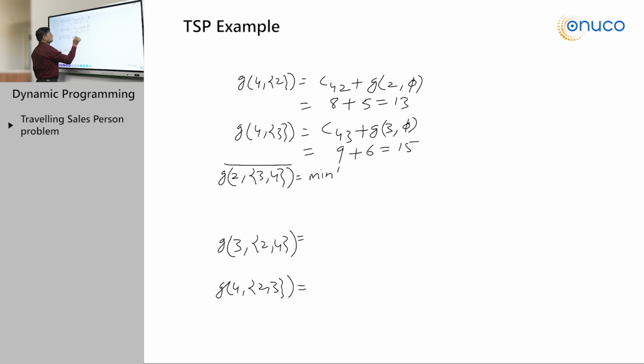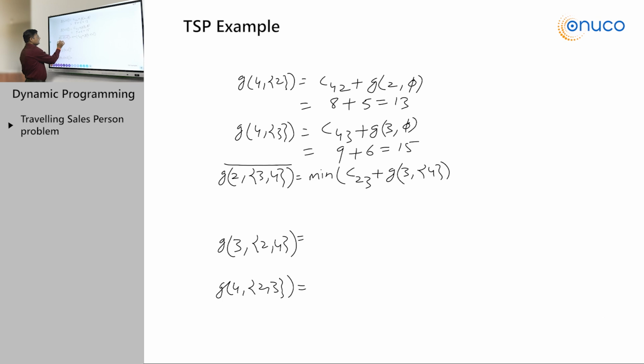We are writing here min. Now this is i to j, 2, 3. First time we will take C of 2, 3 plus g of 3, where j is 3. So 3 will come first. Now we have a set whose elements are 3 and 4. So set S minus j, 3, 4 minus 3, left out is only 4. Got the point?